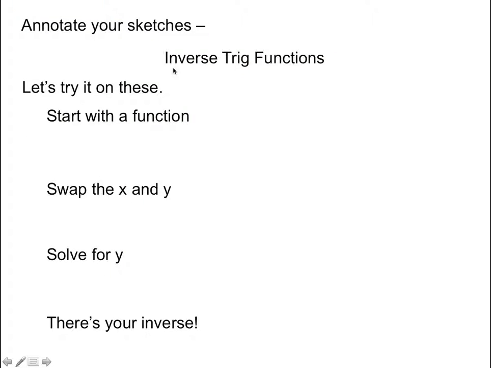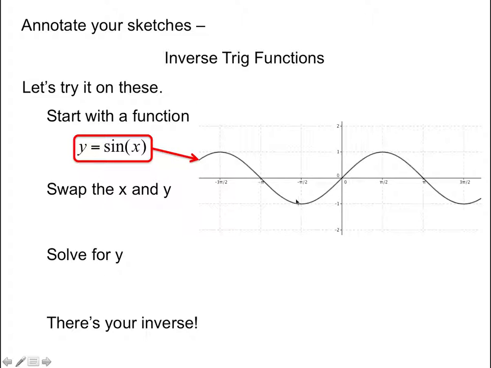Okay, let's try this concept of an inverse trig function by looking at their sketches, like we did with the regular functions. Let's start with a function like sine x. There's our sine x. We're going to swap the x's and y's. In order to do this, we need the function to be 1 to 1.